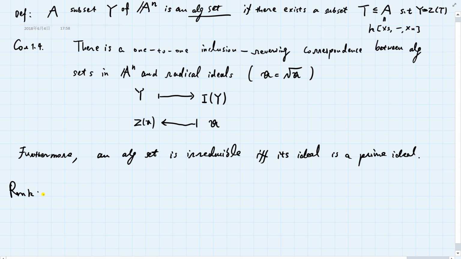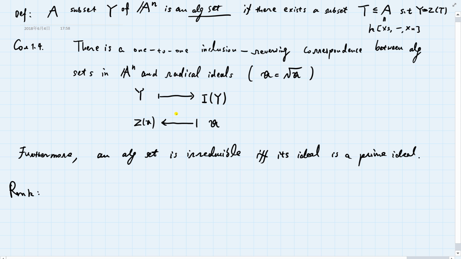Remark. So we see the correspondence is not between any algebraic structure and geometric objects. It's only between radical ideals and algebraic sets, which is, as we said, not good enough. But we should know this is in some sense good in its own way. In what sense?